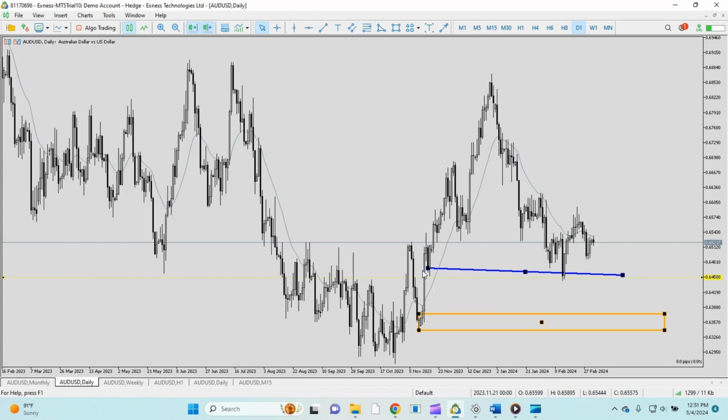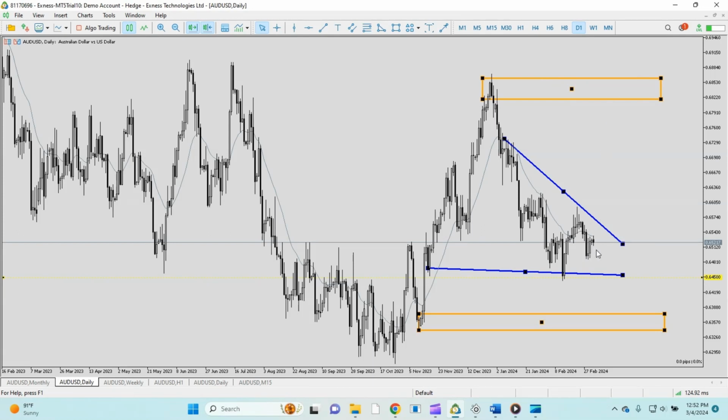We have equal lows, so there may be liquidity grabs that will take price to this demand level. We equally have trend line liquidity in this place. So price may take out this trend line liquidity to move price here.